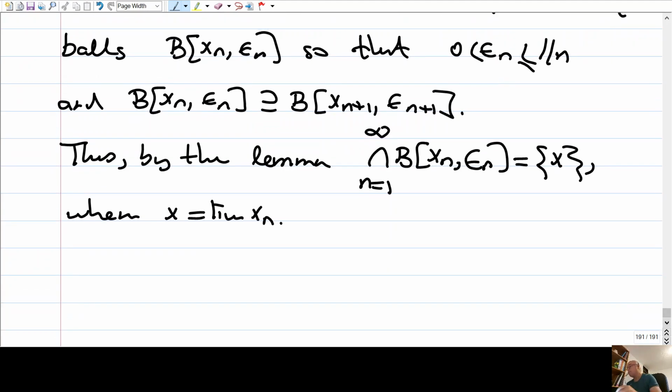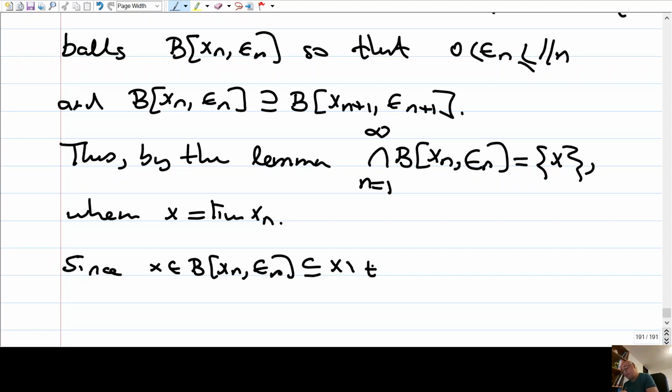Why is that? Since this x is inside this ball, and by the choice this lies inside this, right?